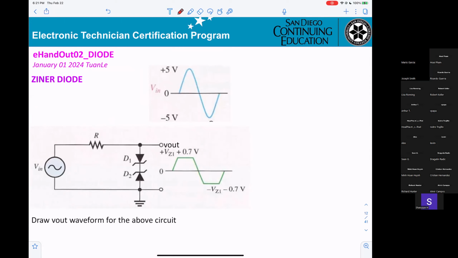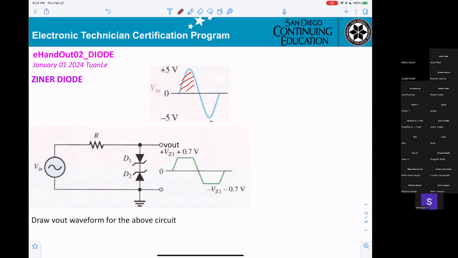And basically, when you get positive, then VZ1, that means the VZ1 for that D1, okay, and also positive.